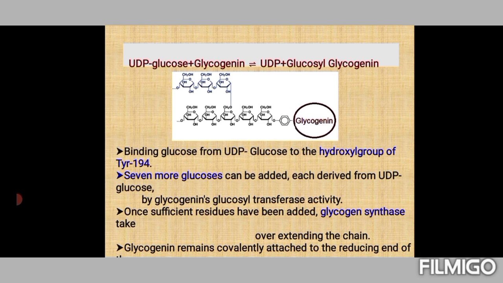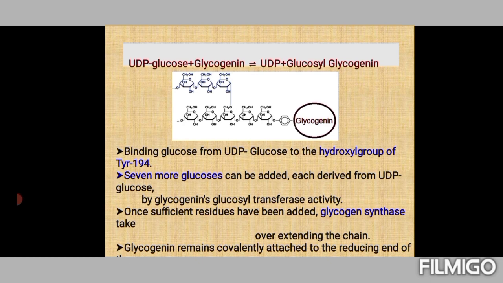The first glucose molecule attaches to the hydroxyl group of tyrosine 194, as I said, and following that, 7 more glucose subunits are added to it. So this is the primer formed finally.